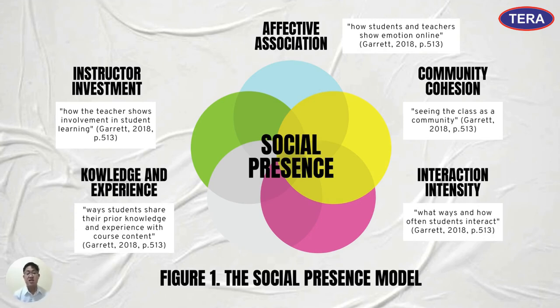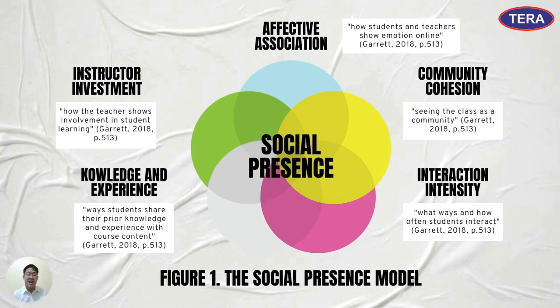For affective association, according to Garrett, this is how students and teachers show emotions online. For community cohesion, this is seeing the class as a community. So we need to work as one, we need to communicate, we need to collaborate. For interaction intensity, this shows in what ways and how often students interact.